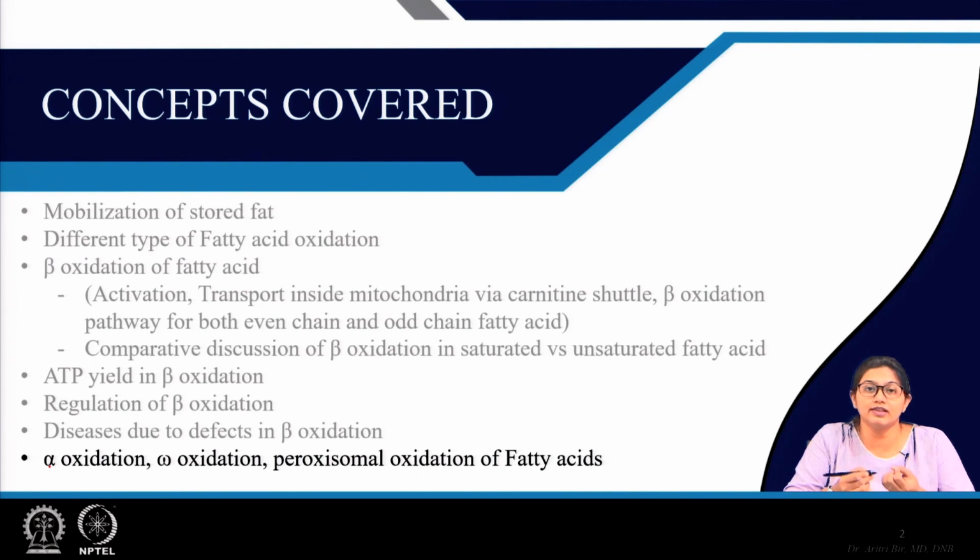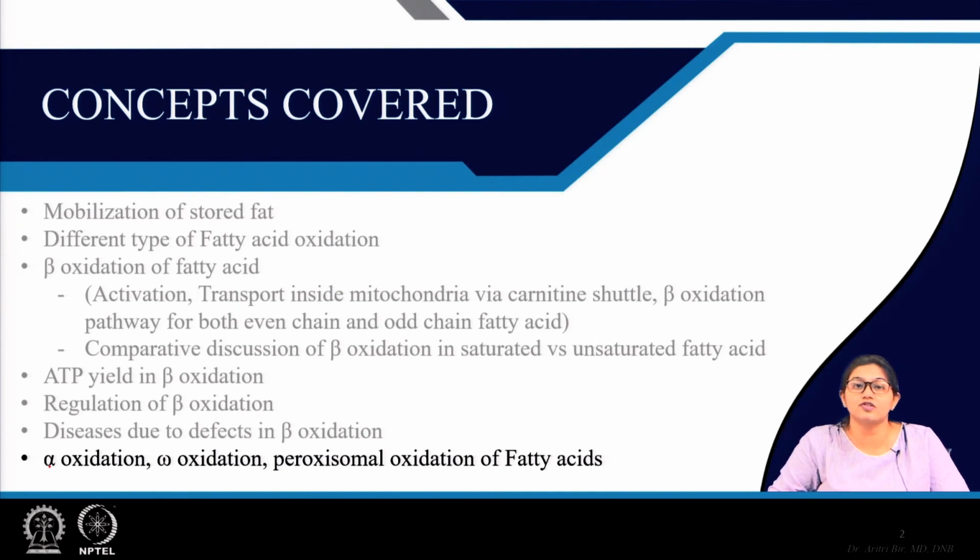The omega carbon is the distant most carbon from the carboxylic group in the fatty acid, whereas the carbons attached to the carboxylic group, the first one is known as alpha, the second one is known as beta. Based on that the carbons are named, and when those specific carbons like alpha carbons, beta carbons or omega carbons are oxidized, that type of fatty acid oxidation is named accordingly.